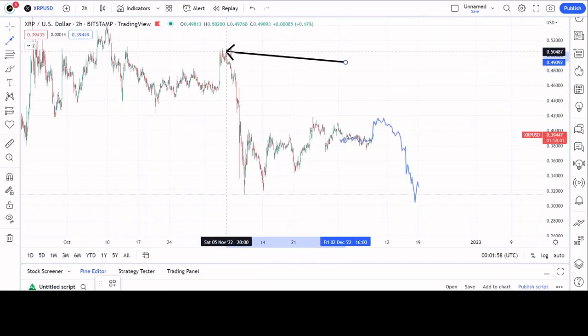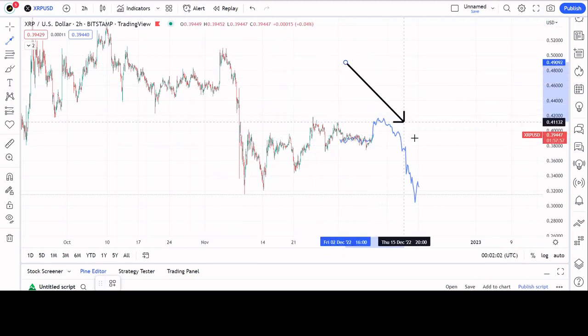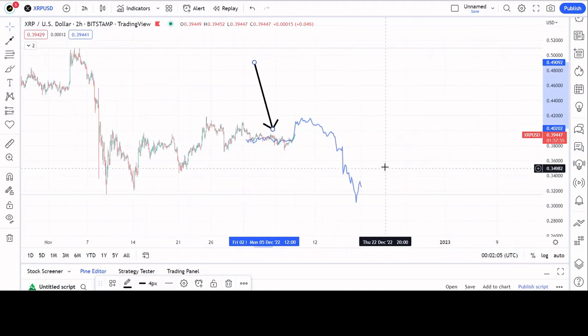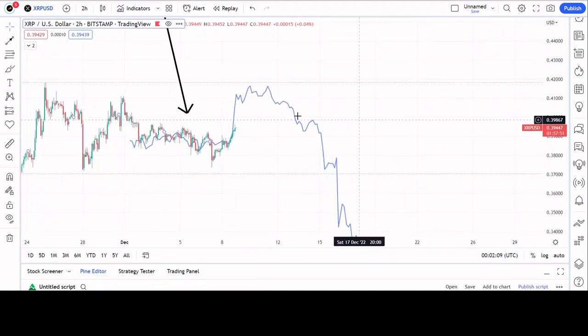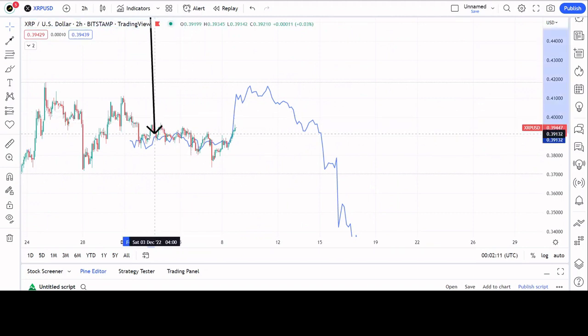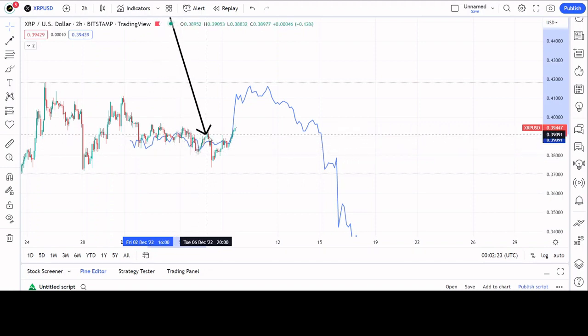Okay, so if you take this fractal right here that took place in November and copy and paste it over here, you can make a case that something like this could be in the works. You could see on a smaller time frame that you have one little move up here. This is a double-type peak. We have that right here. Then you have this right here, which moves down to a peak here.